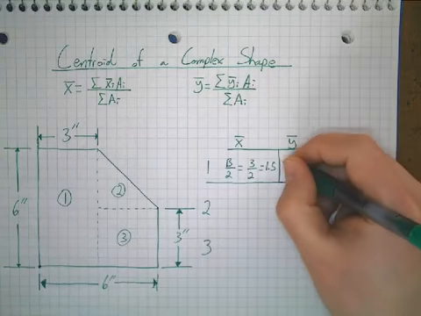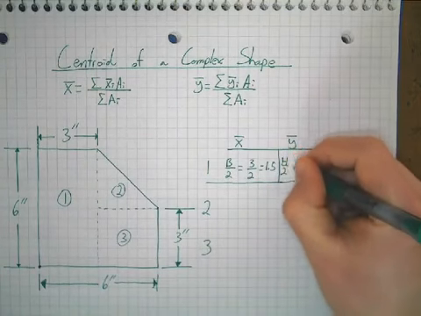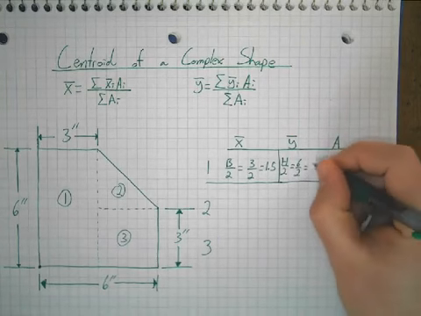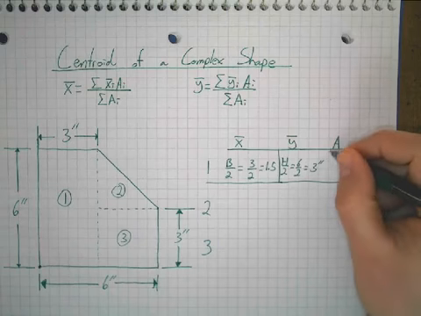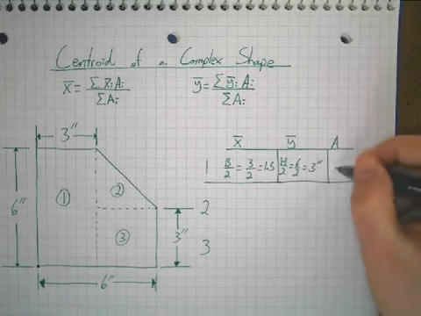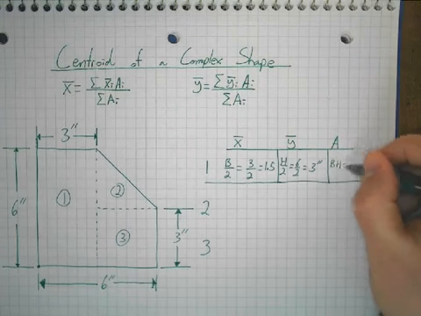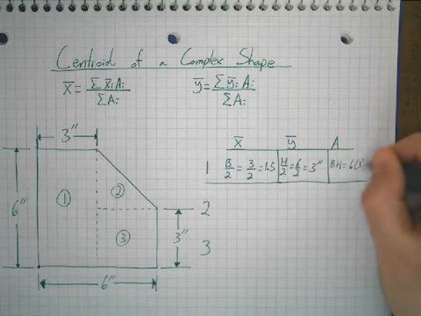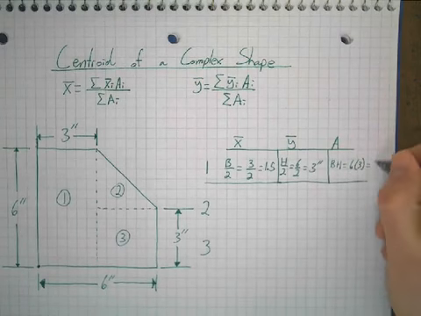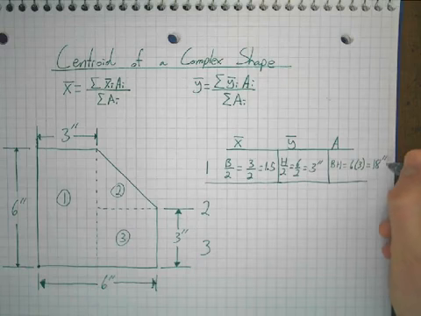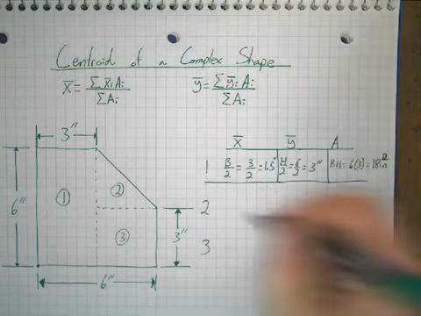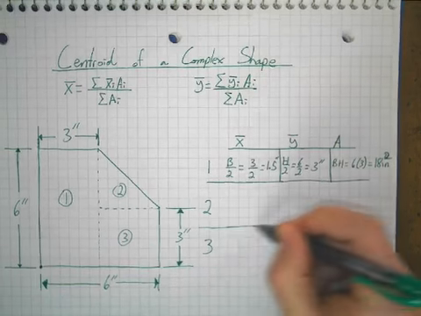Well, my height is 6, so I'll do h over 2 equals 6 over 2. So my y bar is equal to 3 inches. And then we finally need the area of that shape. Well, the area of a rectangle is base times height equals 6 times 3. So we get our area to be 18 inches squared. 3 inches, 1.5 inches. Okay? There we go. So there's shape 1.